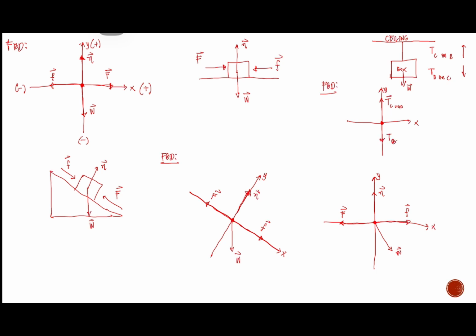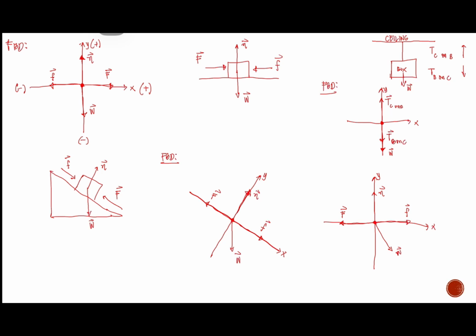It also has the same direction as the weight of the box, so we draw another arrow along the same negative y-axis for the weight. So there are two forces along the negative y-axis: the tension force that the box exerts on the ceiling, as well as the weight of the box. And along the positive y-axis, we have the tension force that the ceiling exerts on the box.